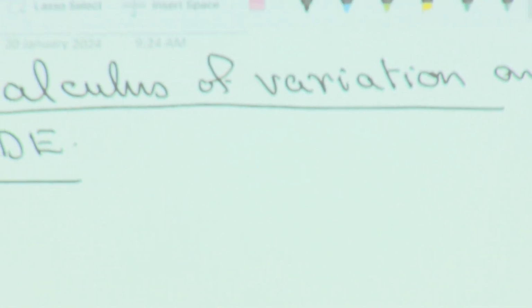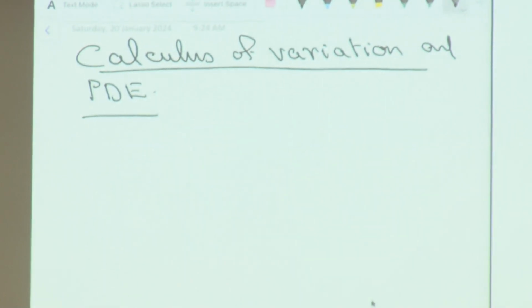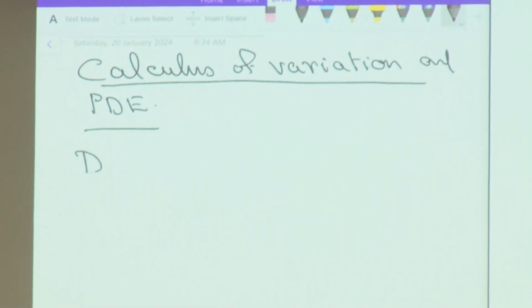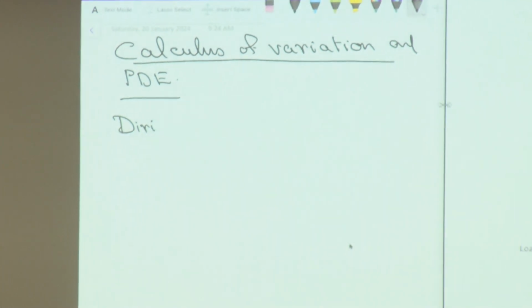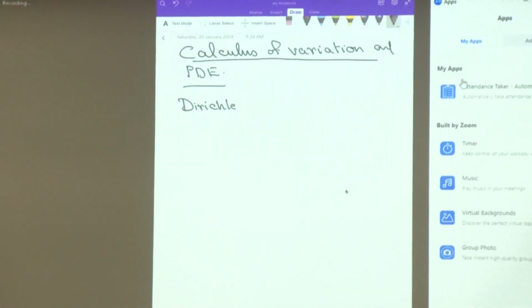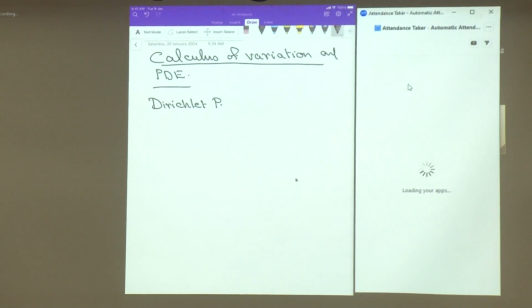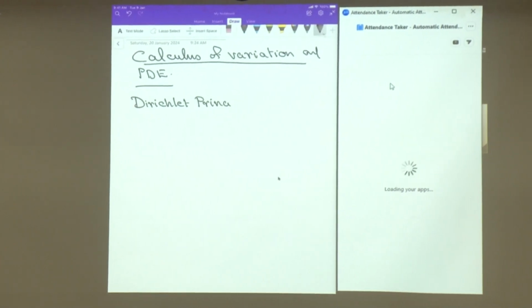So to motivate, I just wanted to start with something which you might have already seen, what is known as the Dirichlet principle.